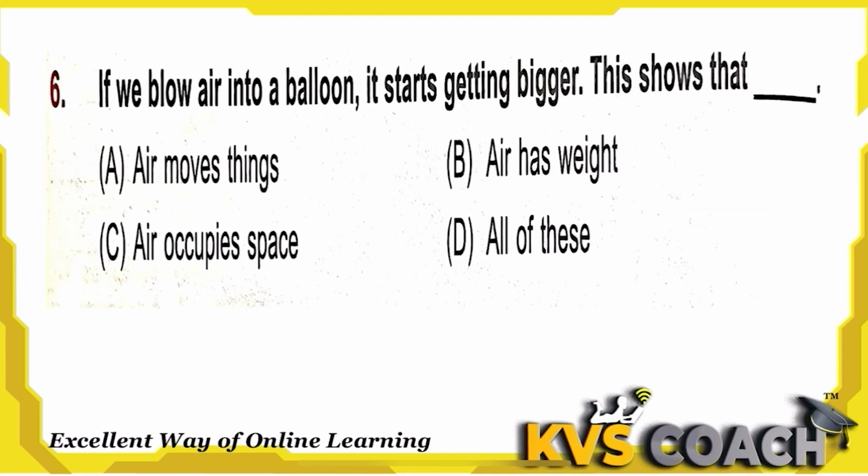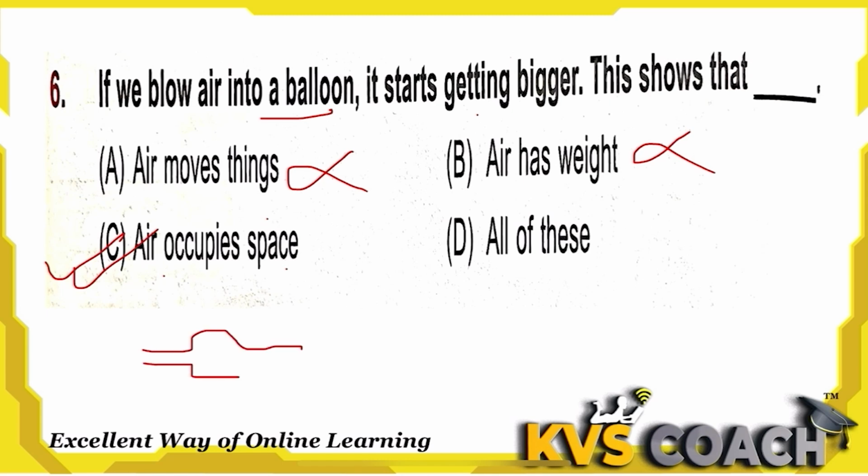Next question is, if we blow air into a balloon, it start getting bigger. It shows that air moves things? No. Air has weight? No. Air occupies space? Yes, this is right, because in the initial stage balloon was like this, right?